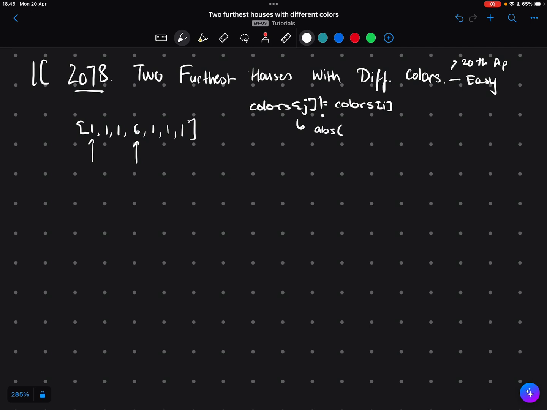And when they're not equal, all we have to do is calculate the distance between them, right? And we have to find the maximum distance because the furthest implies maximum.